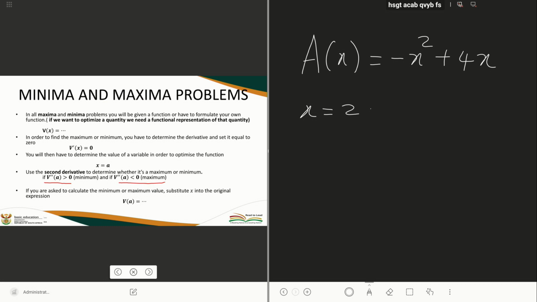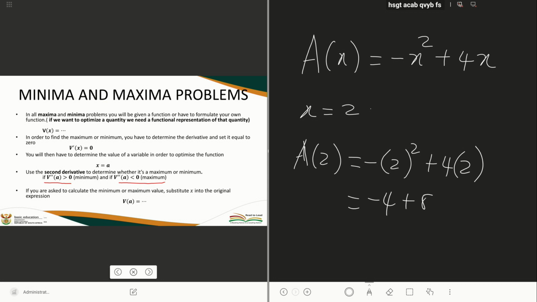So to get the maximum area, we'll say A of 2. So you replace x with 2, and you're going to get negative 4 plus 8, so our maximum area will be 4 units squared.